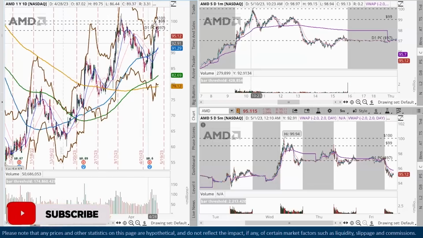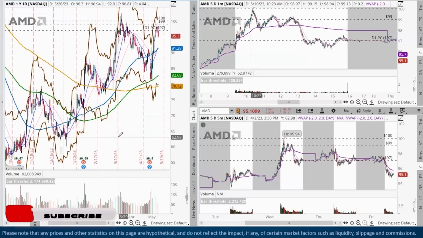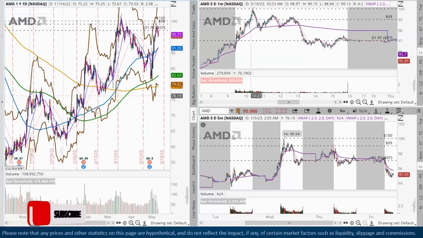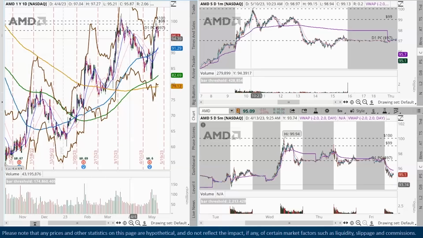So that's this brown band here. What you'll notice is that often when AMD has these large moves, it'll spike through that 4 ATR and it'll fail. Did it here, did it here, did it here. So that's how I like to define an overextension on the daily chart. And now we'll jump into the trade.